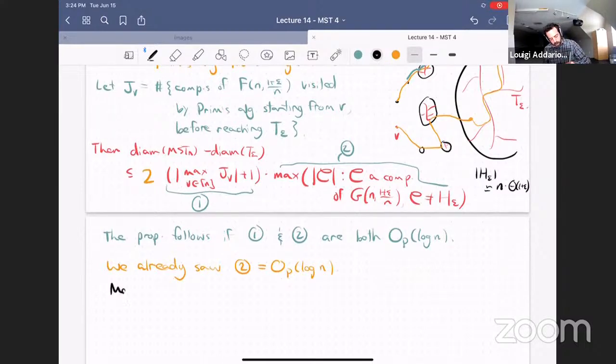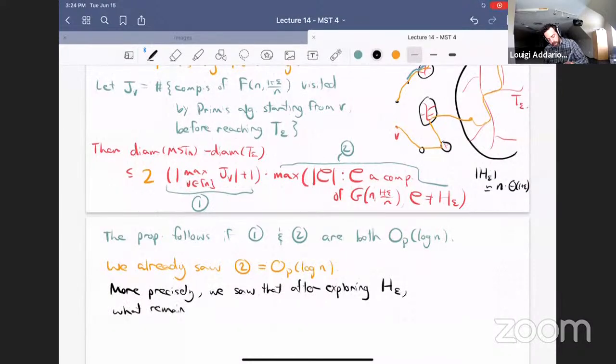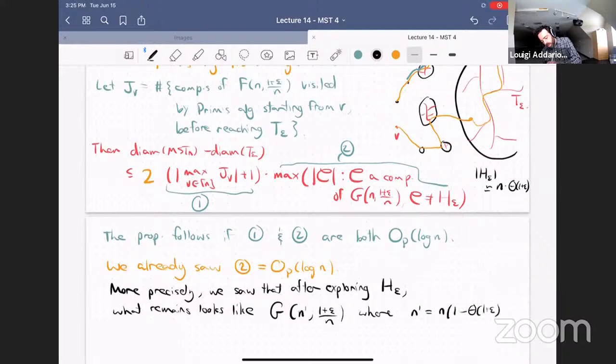More precisely, we saw that after exploring h epsilon, what remains looks like G(n', (1+epsilon)/n), where n' is like n times (1 minus theta of 1 plus epsilon).